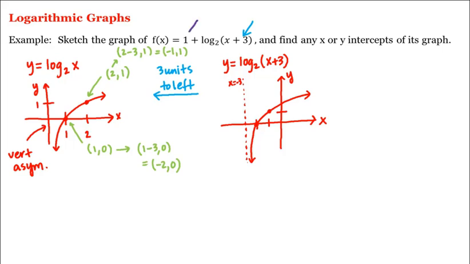All right, and finally, what does this plus 1 do here? What that does is it shifts this graph rigidly up 1 unit. So let's say this is the y-axis, and this is the x-axis.